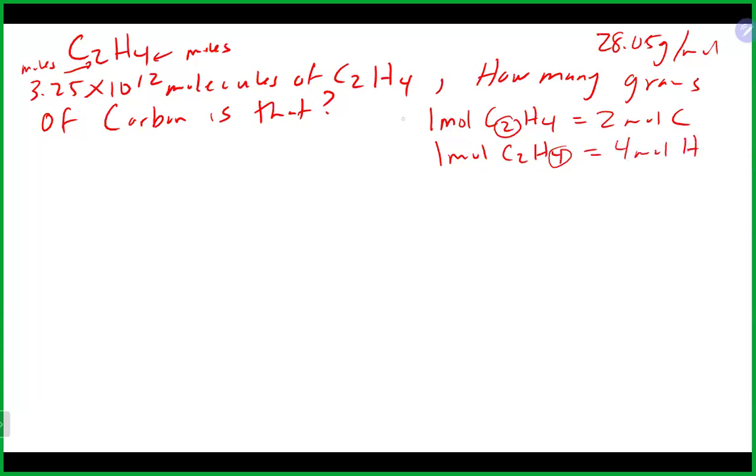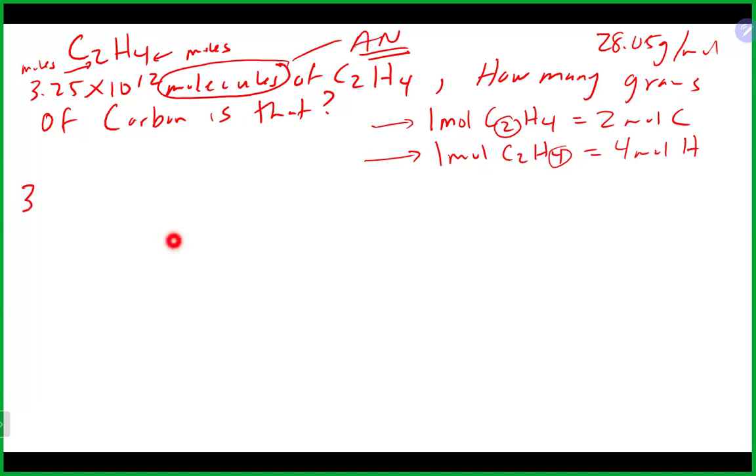So these conversion factors are all moles, which means before we could use them, we do have to convert our number here into moles. So if we have molecules and want moles, we need to use Avogadro's number to do that, right? So that's what takes us from molecules to moles.